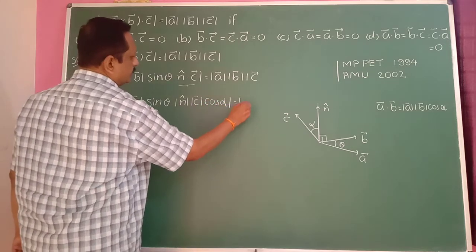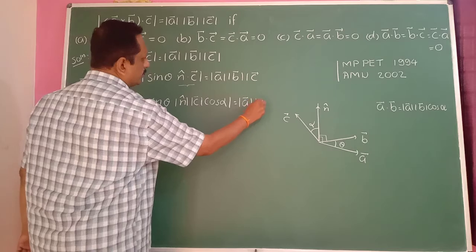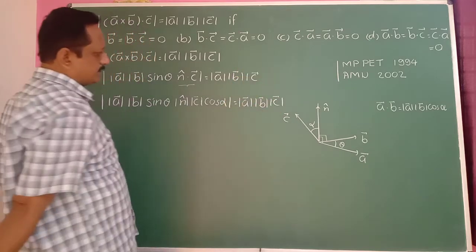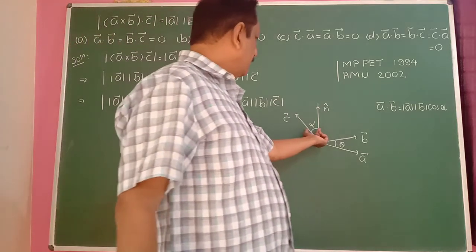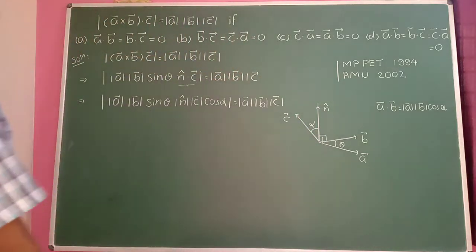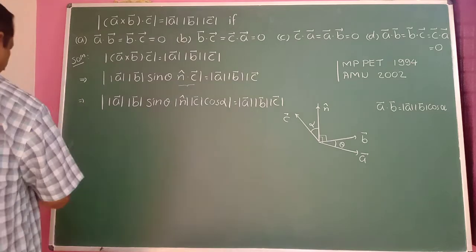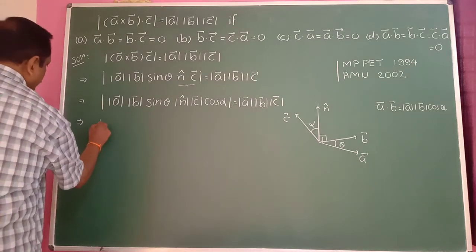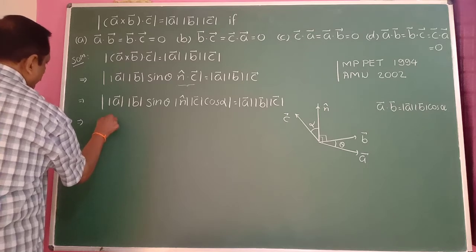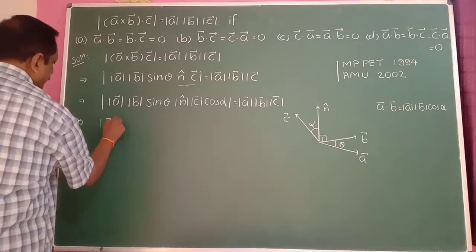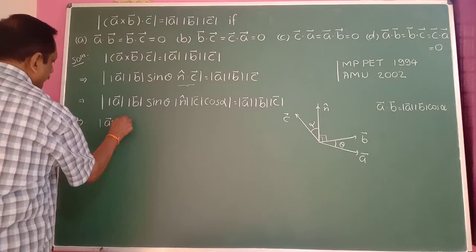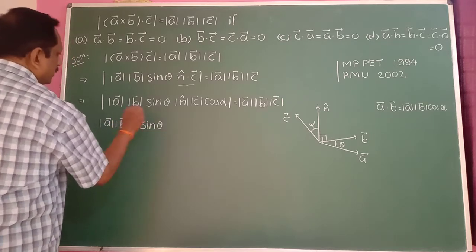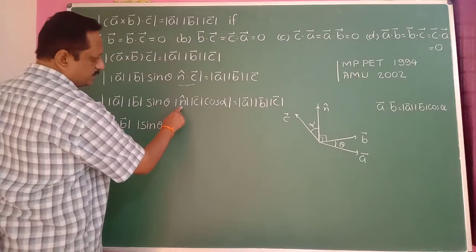That is equal to modulus of A bar into modulus of B bar into modulus of C bar. Alpha is the angle between n cap and C bar. Therefore, modulus of A bar is the modulus of A bar itself, modulus of B bar is the modulus of B bar itself, and modulus of n cap is 1.